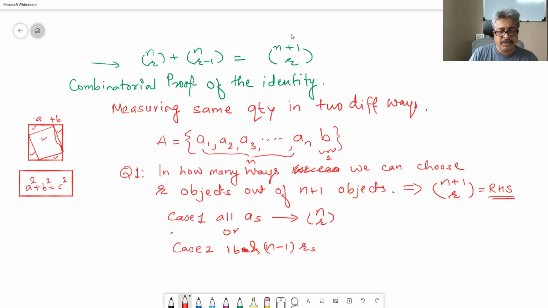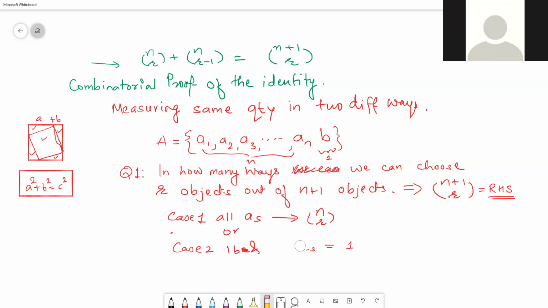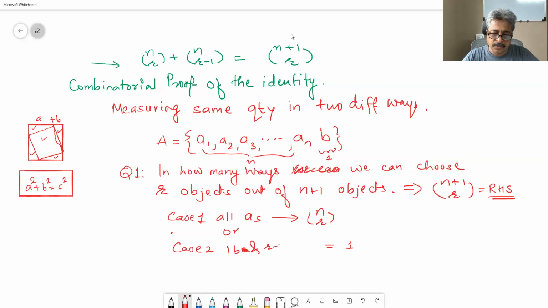But if we choose one B and r minus 1 A's, then one B can be chosen in one way and r minus 1 A's can be chosen in n choose r minus 1 ways.